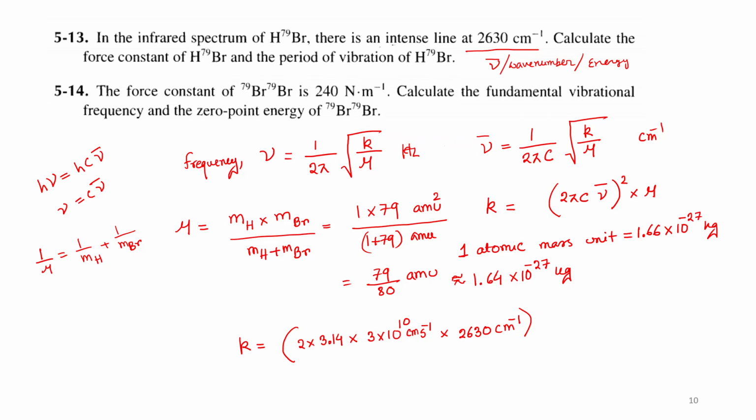So anyway, 2 into pi into c into nu bar, square of that, and here is your reduced mass mu, 1.654 into 10 to the power minus 27 kg. So what do we have here? Centimeter inverse, centimeter gone.